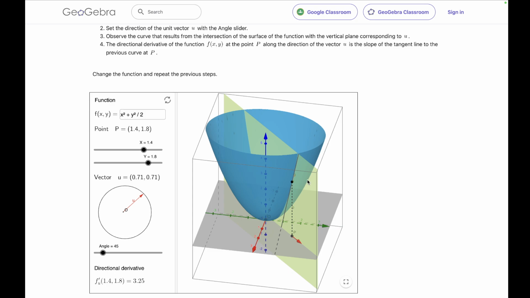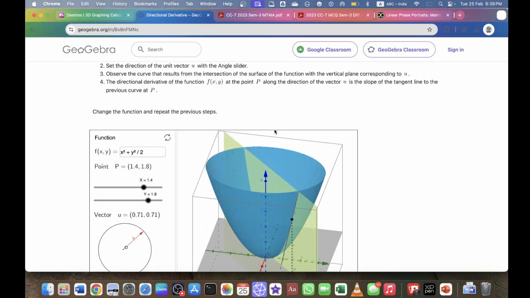The slope of this tangent line to the curve at P is the directional derivative of the surface at the point P in the direction of u. And you can find this on the geogebra.org site.